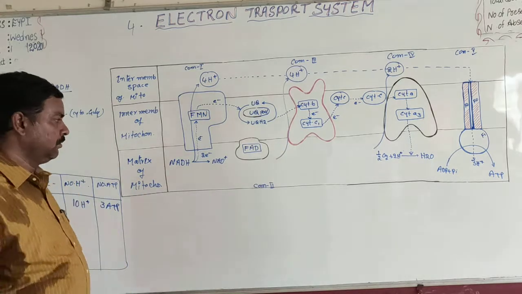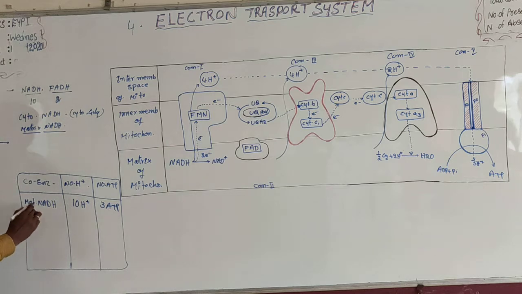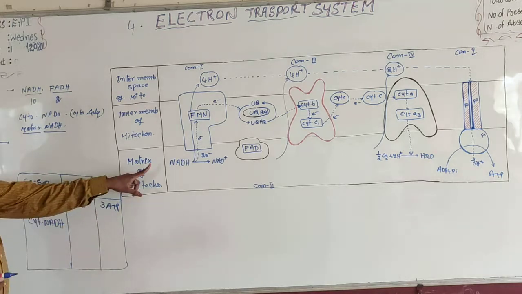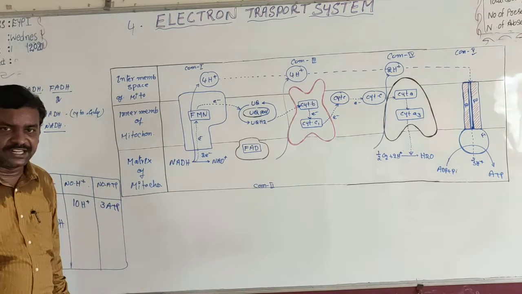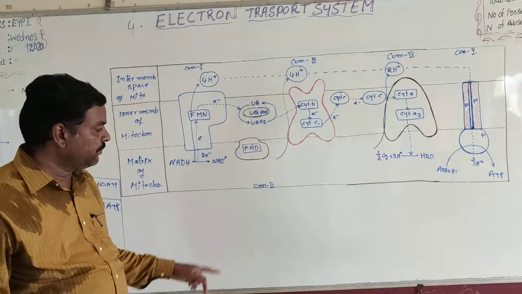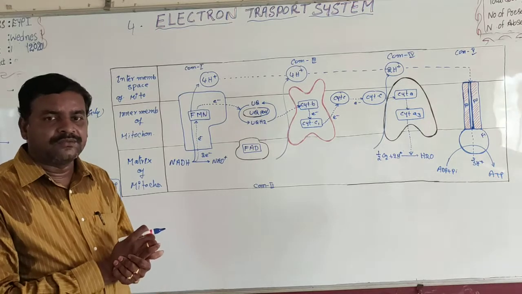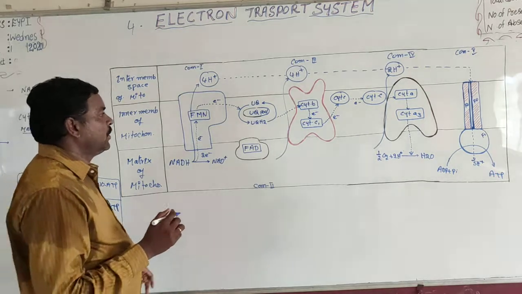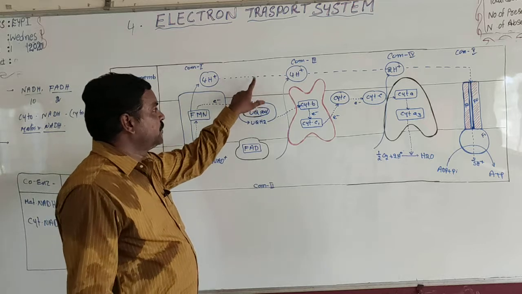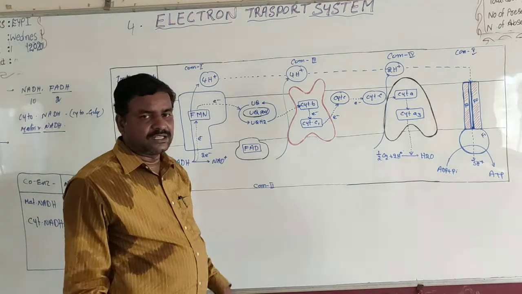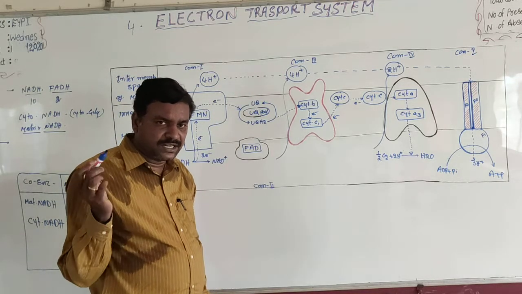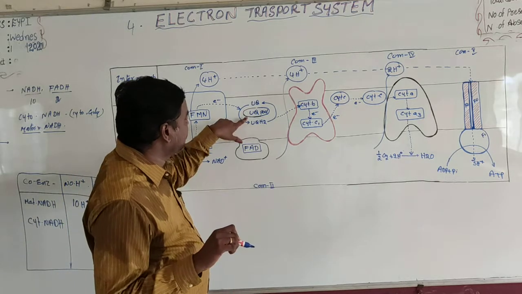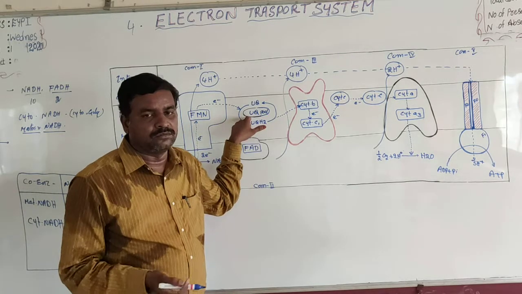Now coming to another one, cytosolic NADH2. This is the nature of matrix NADH2. Now coming to the oxidation, electron transport and formation of ATP from cytosolic NADH2. So cytosolic NADH2 is oxidized and the two electrons from cytosolic NADH2 directly enter into the UQ pool.